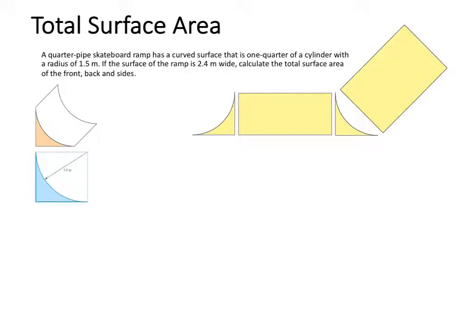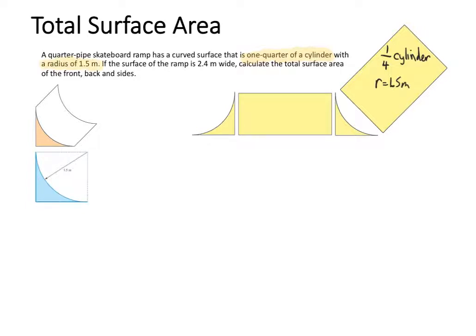The first part of that is going to be to add the dimensions onto the net. So going back to the question, we can find the dimensions to be able to add into the net. We know that our curved side of the skateboard ramp is 1/4 of a cylinder, and we know the radius of that cylinder is going to be 1.5 meters.